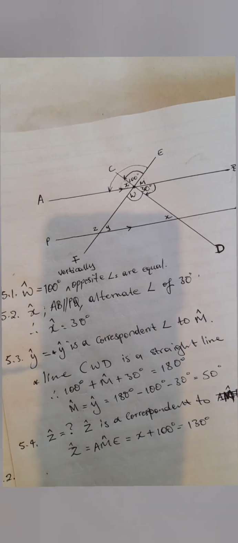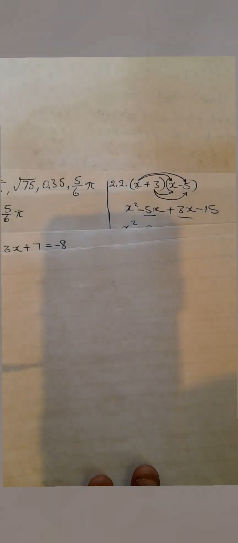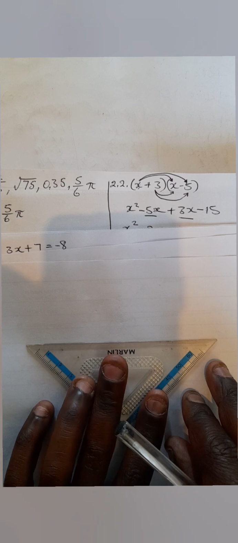Okay, we are now going to question 6. Question 6 says, where's my ruler? There's a diagram on question 6. Let me just draw it quickly.